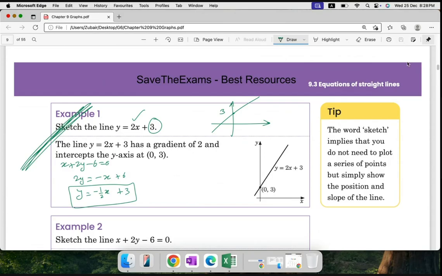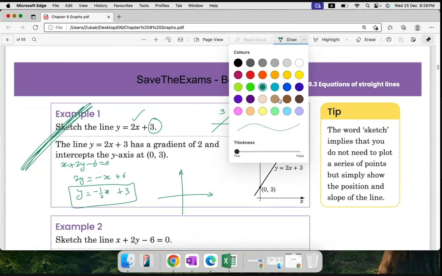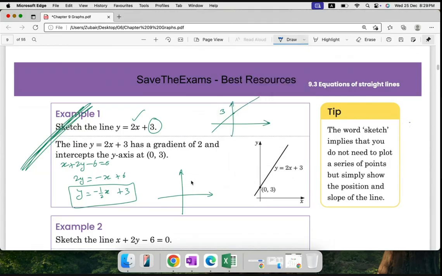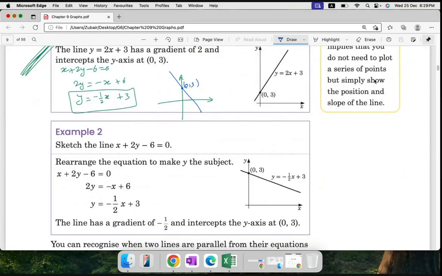No, sir. Okay. So I can see the gradient is negative and y-intercept is positive. So if we sketch x-axis and y-axis, negative gradient is negative slope, but intersecting at positive axis. So this is 0 comma 3 and the slope is negative 1 by 2. So this is the sketch.